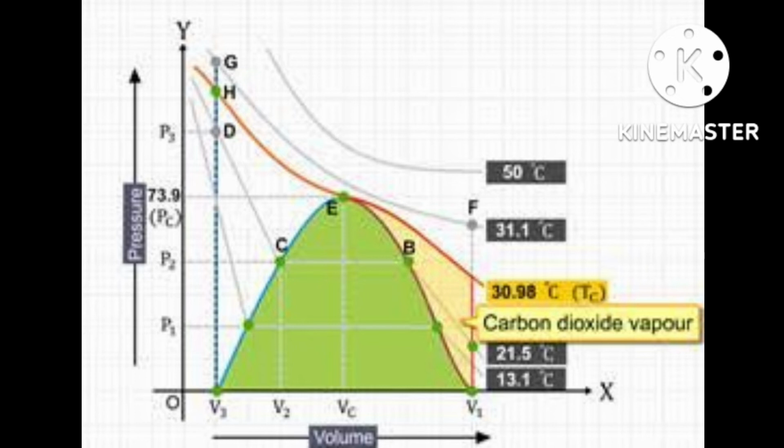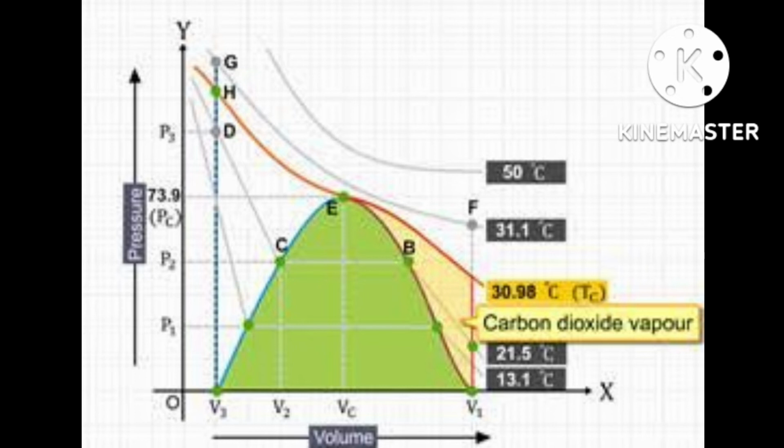Also, this discussion shows that gases should be cooled below their critical temperature for liquefaction. Critical temperature of a gas is the highest temperature at which liquefaction of the gas first occurs.